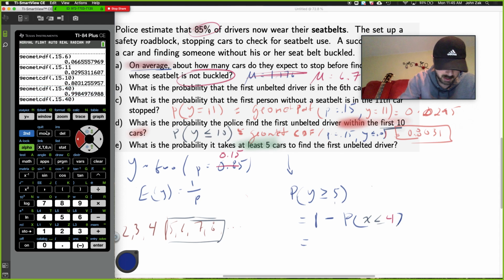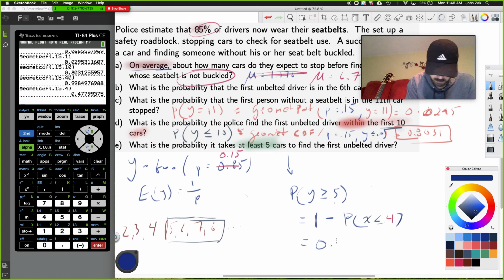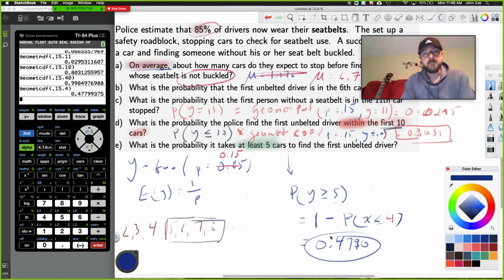Boom. So that's about 0.4780 if we round it appropriately. And so there you go.